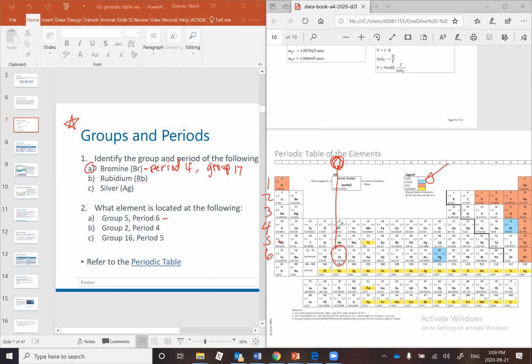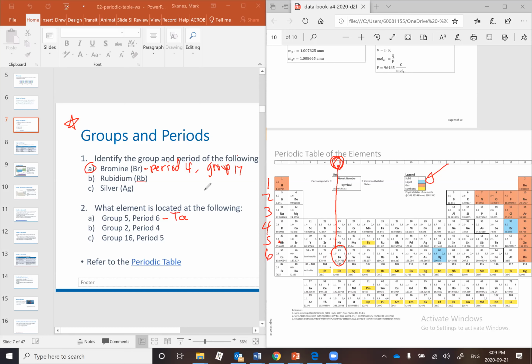If you can't read that, I know it's small. This would be Ta. Now, Ta is not one of the elements you need to know the name of. The elements you need to know the name of were in quiz number 2 we had a little while ago. This is not. Why is it not Nb?